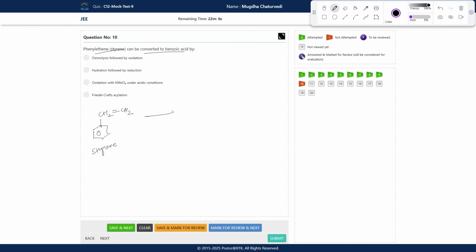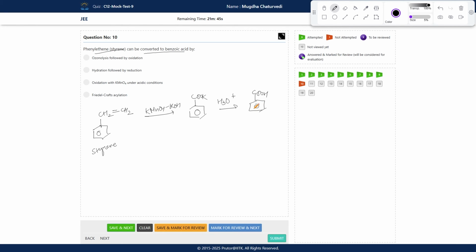When the styrene is treated with KMnO4, in basic medium, first you get potassium benzoate, and further when you do the acidic workup, you get benzoic acid.